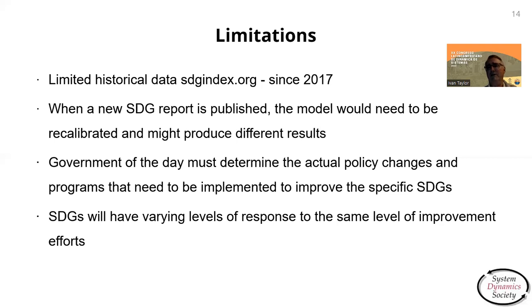All we talk about is applying effort. We don't actually get specific on what that effort involves. And also, we understand that the SDGs have varying levels of response to the same level of improvement efforts. So some SDGs may take more effort to improve than others, and we don't model that at present, but I think we could in the future using some kind of a cost and benefit analysis.